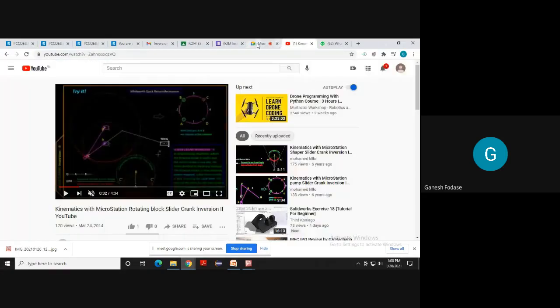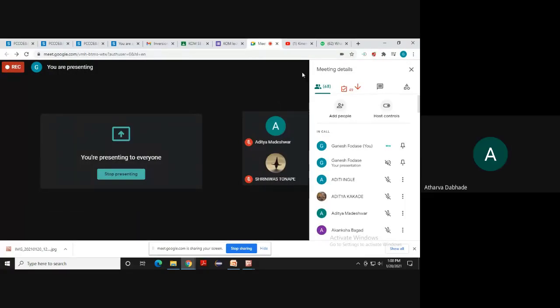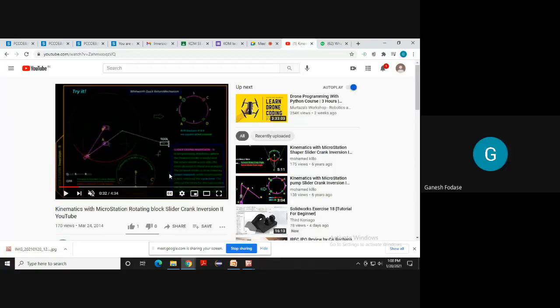How many sliding pairs are there at least? One. And how many turning? Three turning and one sliding pair. So that is what's shown here.